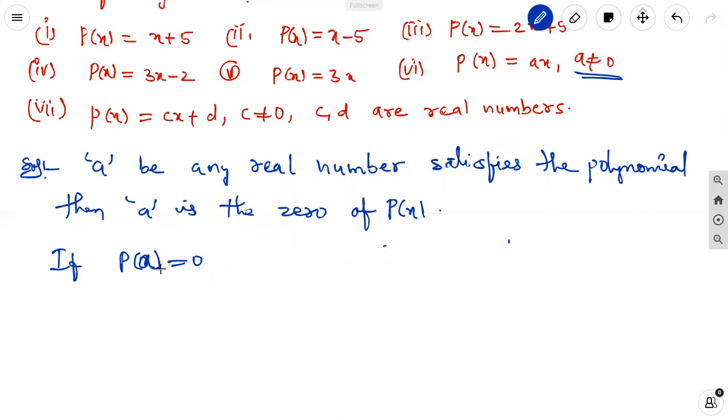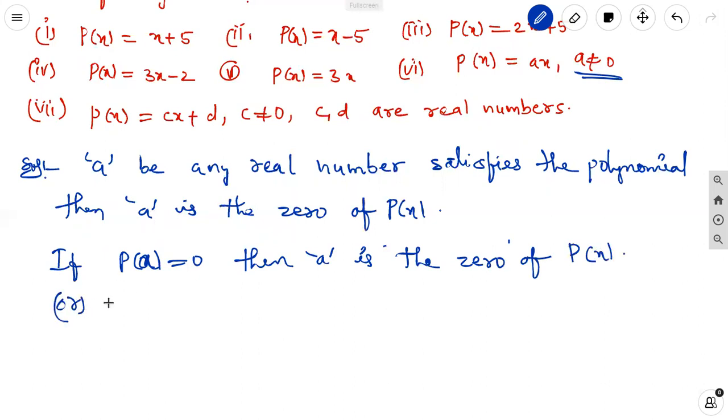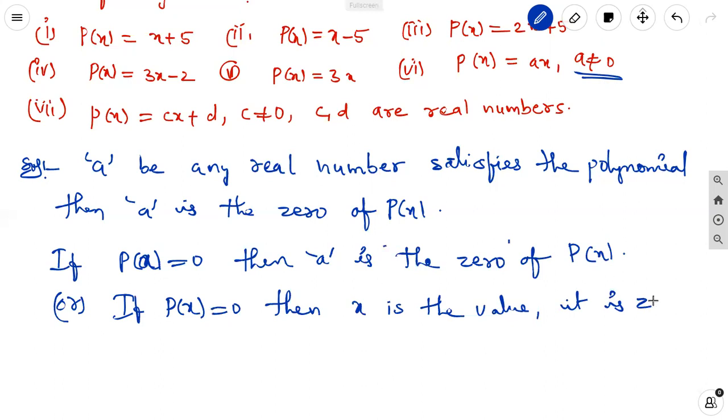If p of a equal to 0, then a is the 0 of p of x. Or we can take, in this case, if p of x equal to 0, then x is the value, it is the 0 of p of x.